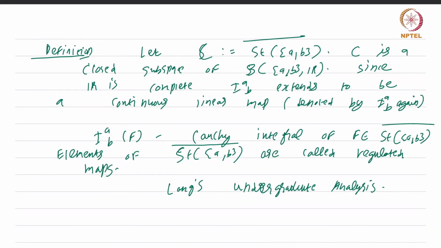What you can do is exploit the fact that this IAB comes from a linear extension to get many of the properties of the Riemann integral almost for free. We did quite a bit of hard work when we proved the basic properties of the Riemann integral. You can get all of those almost for free if you take this approach. One disadvantage of this approach is that it's quite non-constructive, in the sense that you are appealing to quite an abstract theorem on normed vector spaces to even define the integral IAB of f.